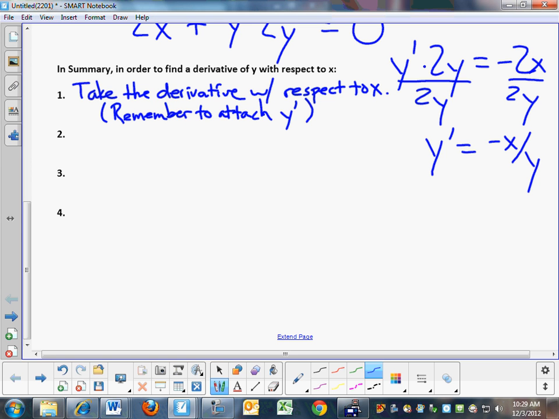After we take the derivative and we attach our y primes, what do we do next? Gather only y primes on one side. After we gather the y primes on one side, what do we do?